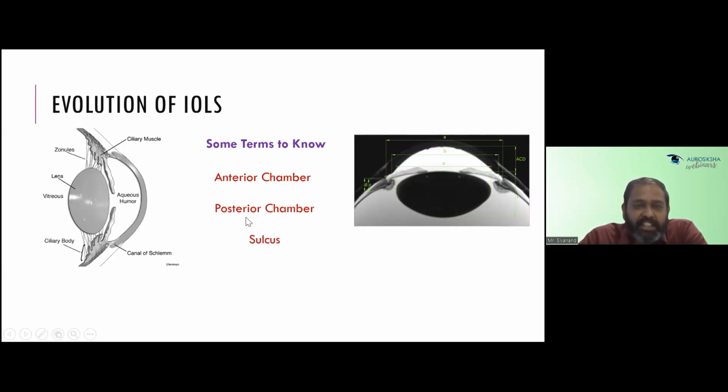The sulcus is the space behind the iris and in front of the lens. And the capsular bag is the part of the natural crystalline lens which is left behind after the cataractous lens is removed. And the iris, of course, we know.